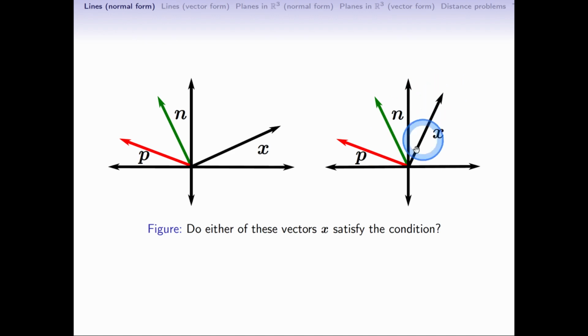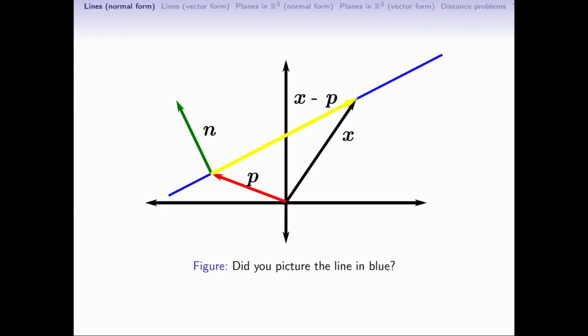Now, take all the keeper vectors, take all the ones that satisfy this condition, and imagine the set in the plane that their tips trace out. Hopefully, you're seeing this picture. All of the tips of the vectors x that are admitted into this club are going to trace out this beautiful blue line here. So here's a typical x that's admitted.